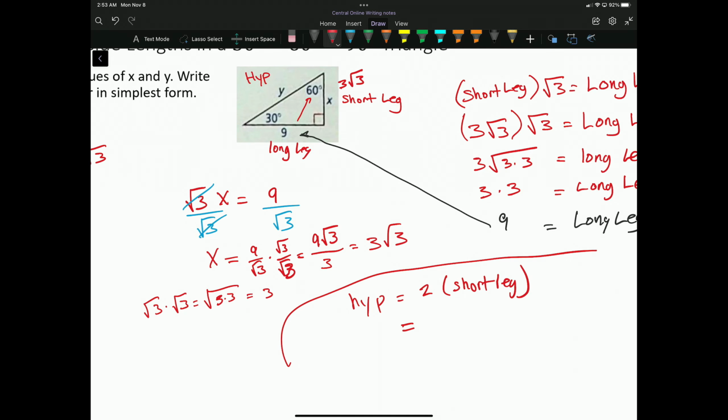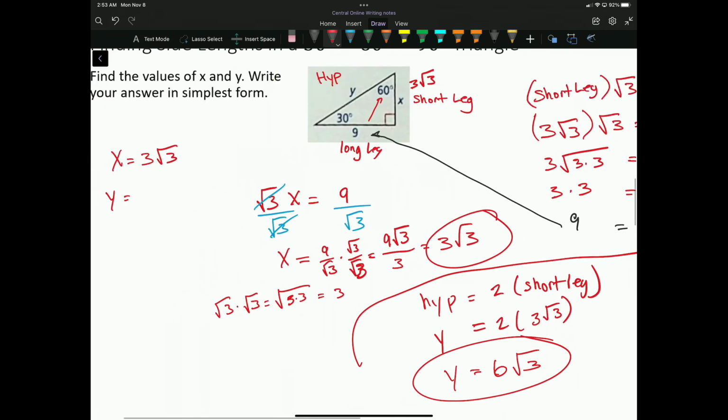So my hypotenuse is y. We have 2 times my short leg, which would normally be x, but we know x is 3 times the square root of 3. So y equals 2 times 3, which is 6 times the square root of 3. We said that x was 3 square root of 3, and there are our answers.